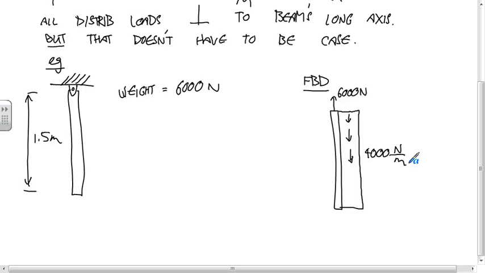And now if we wanted to calculate the internal loads, we'll use a coordinate system with the x-axis pointing along the long axis of the beam like we've always been doing. So this will be x, y will be this way. Imagine it rotated.